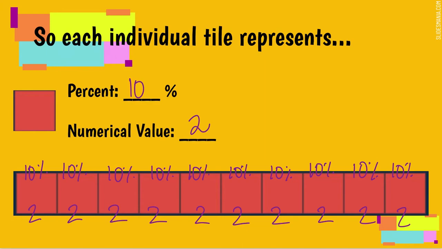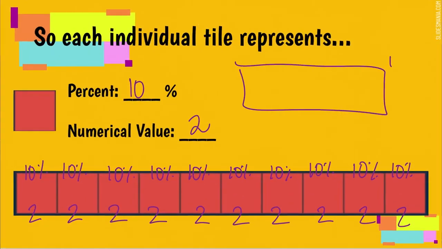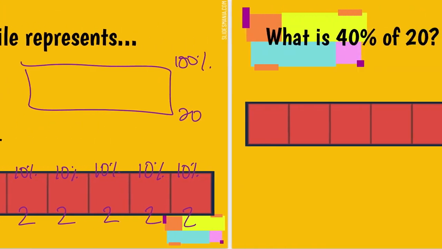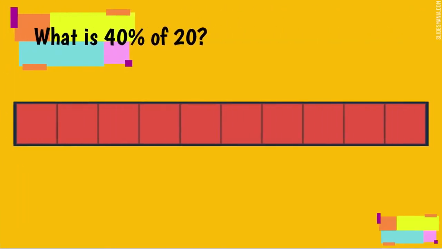So this entire strip diagram represented 100% of my number, which was 20. So now, with this in mind, let's think of how we can find what 40% of 20 is. So I want you to take a moment and pause the video, and whenever you're ready to rejoin and you have your solution, unpause.